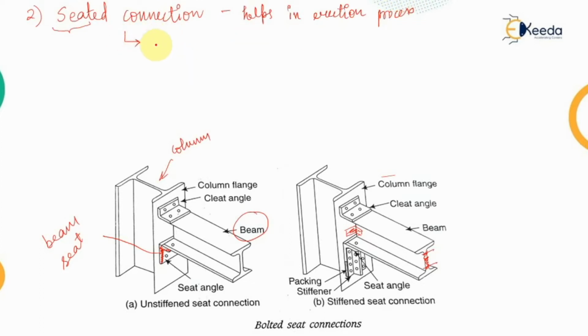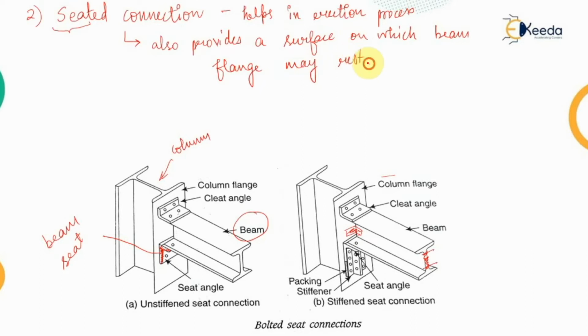Now the seat angle also provides a surface on which this beam can be easily placed. That means this seated connection provides a surface on which the beam flange may rest during the erection process. So that is the second advantage of this seated connection.